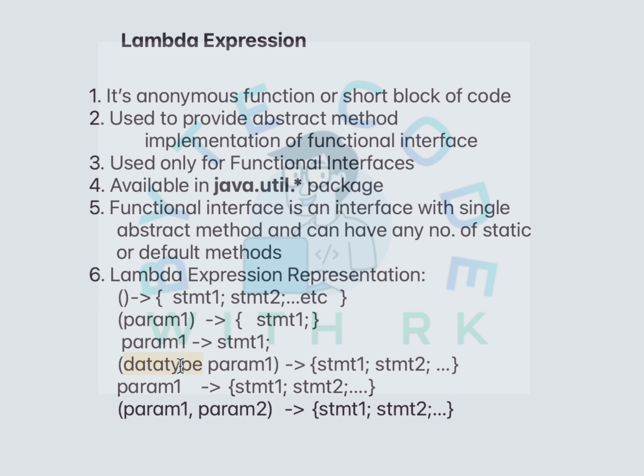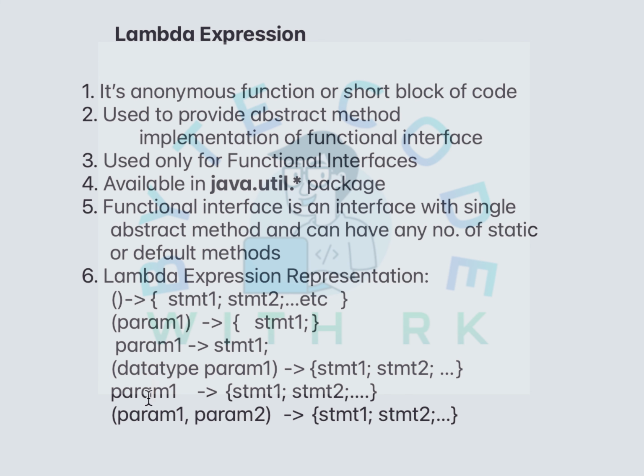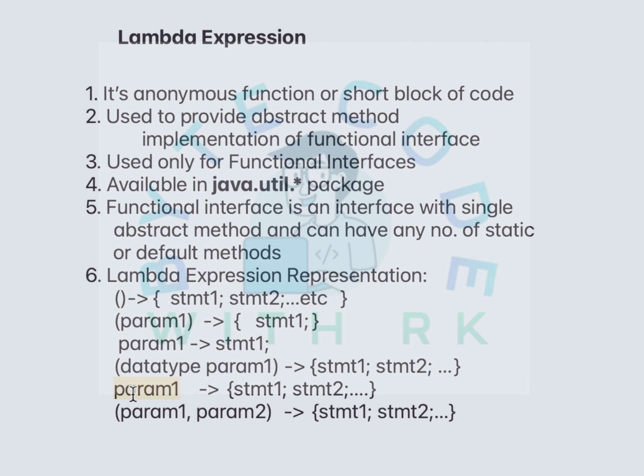The next one is writing with a data type also. Now this param1 is of some data type. You can mention the data type and then the parameter followed by the arrow mark and then a couple of statements. So this is another way of representing Lambda expressions, with data type. The next one is a single parameter, meaning parentheses are not required.